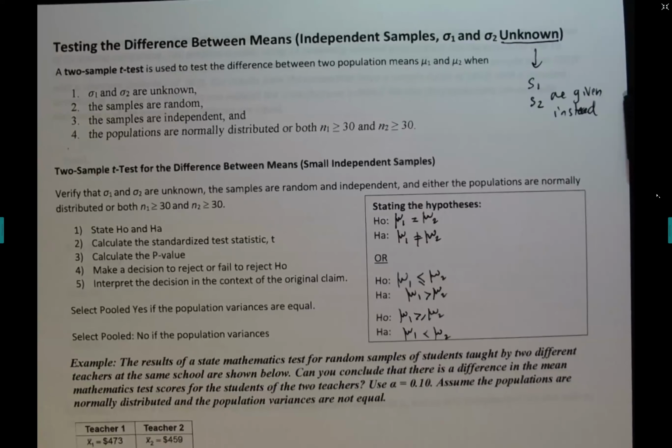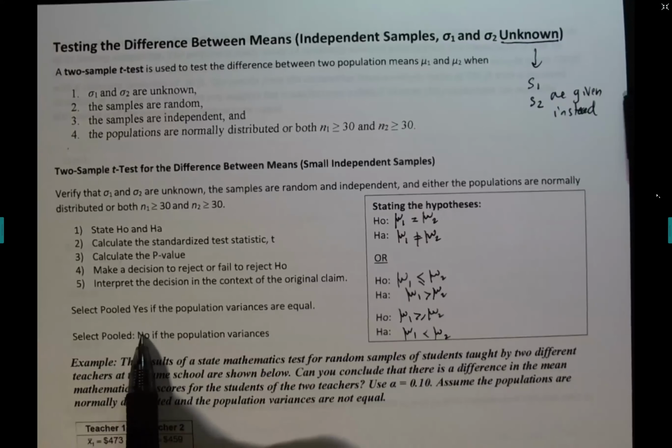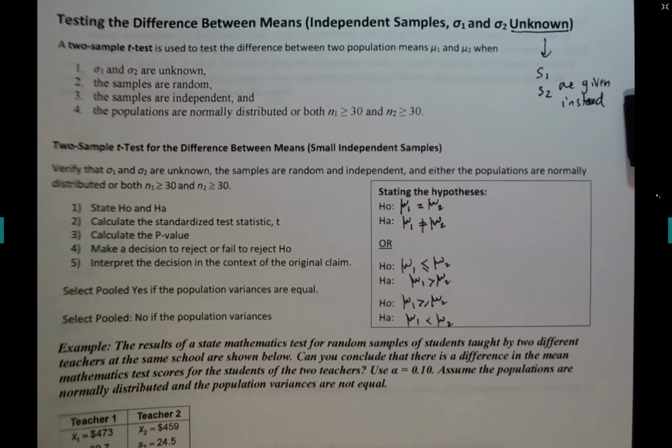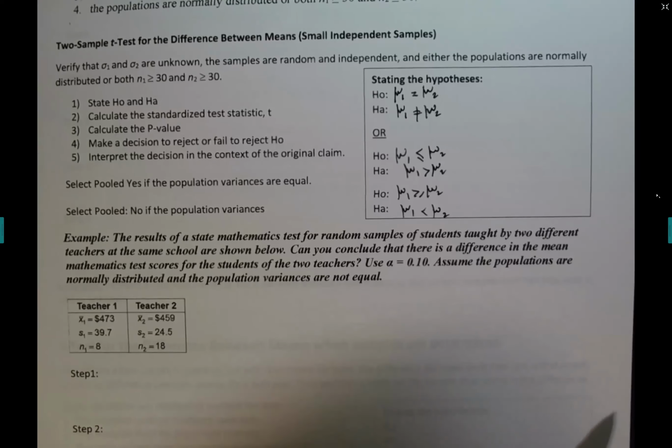All right. When it comes to using the calculator, guys, there's something extra that we have to select, which I'm going to talk about as I do the problem. So let's begin with the exercise. The results of a state mathematics test for random samples of students taught by 2 different teachers at the same school are shown below.